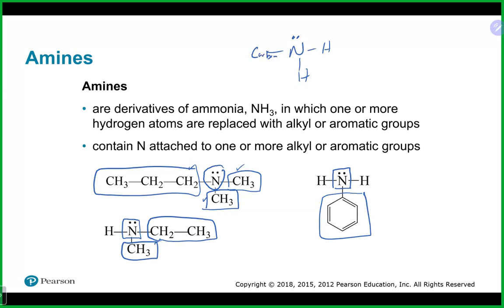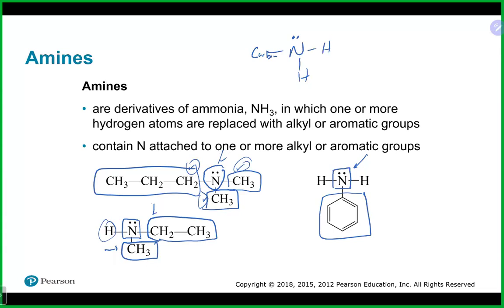And every time we put a carbon group on the nitrogen, we do lose a hydrogen. As you can see here, no carbon group attached to the nitrogen, we have two hydrogens. Two carbon groups attached to the nitrogen, we have only one hydrogen. And three carbon groups attached to the nitrogen, no hydrogen. So if you have just one carbon group attached to the nitrogen, you'll have a nitrogen that has two hydrogens.